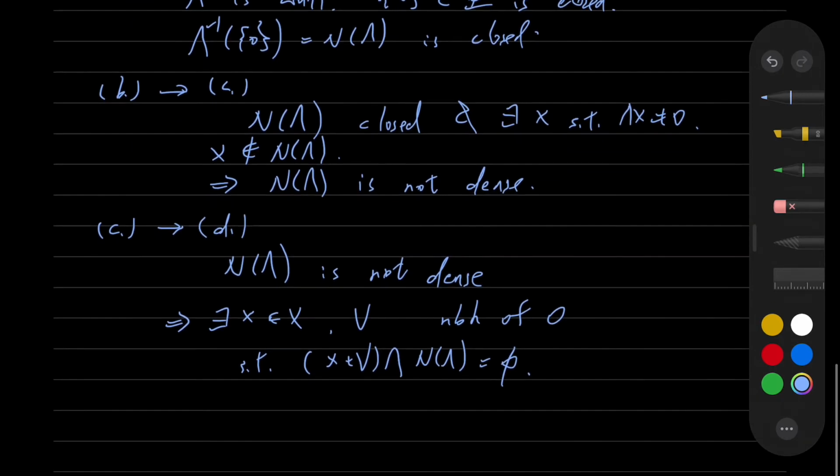Then by theorem 1.14, which states that every neighborhood of a topological vector space contains a balanced neighborhood, we can just make this neighborhood balanced.